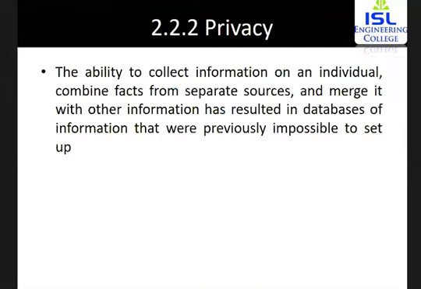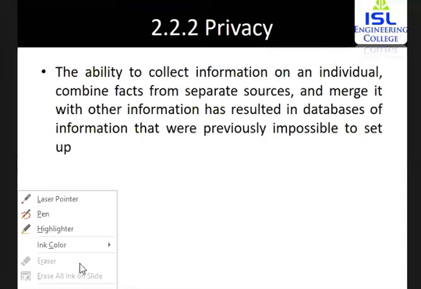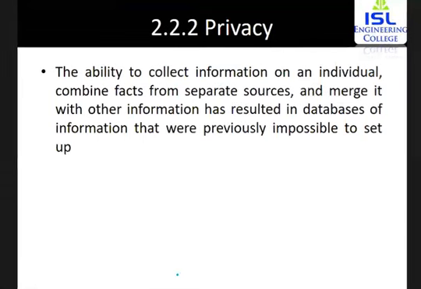The next is privacy. What is privacy? It is the ability to collect information on an individual, combining the facts, separating the sources, merging it. That is what is being done here.